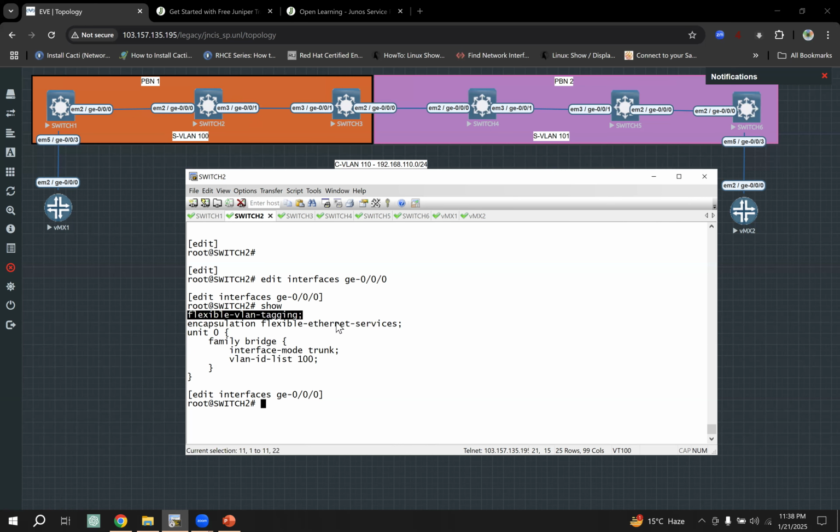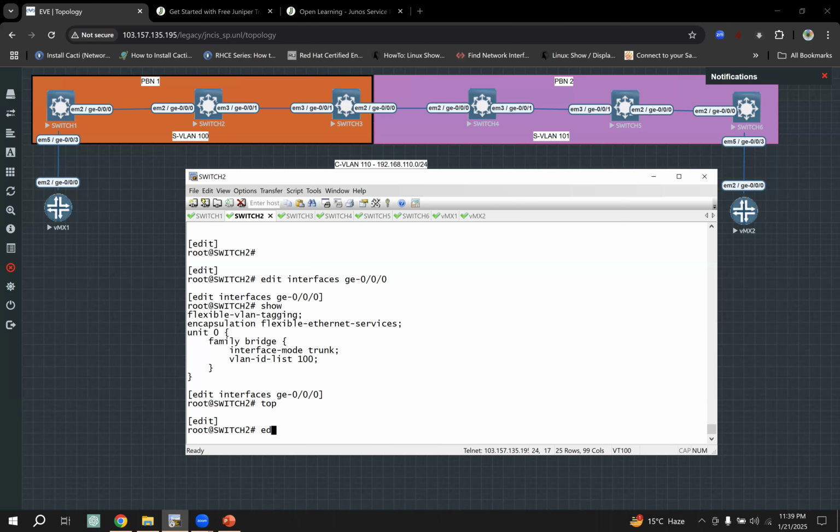The extra configuration is this flexible VLAN tagging. When you configure a C-VLAN and S-VLAN scenario, in that case, you have to configure the layer 2 interface like this: flexible VLAN tagging, encapsulation flexible Ethernet services.